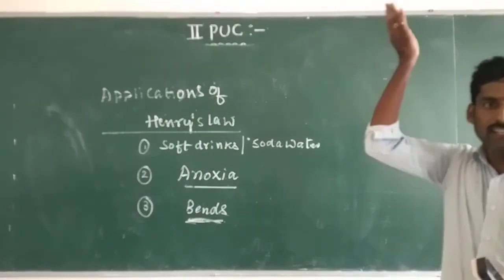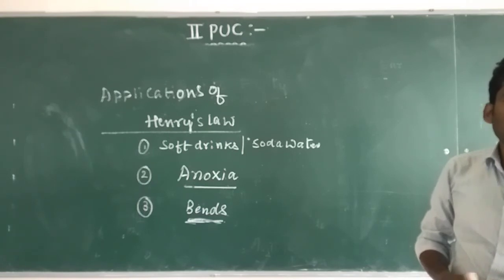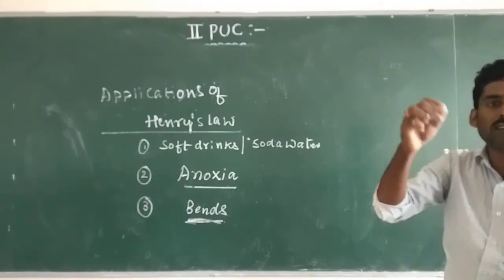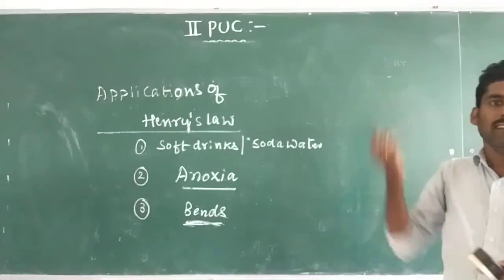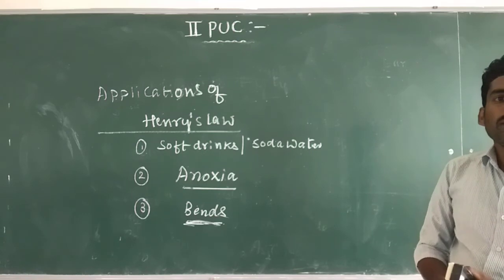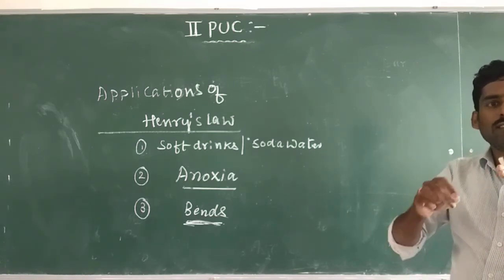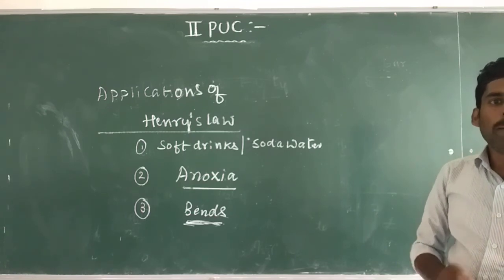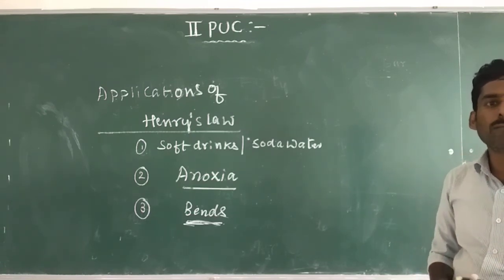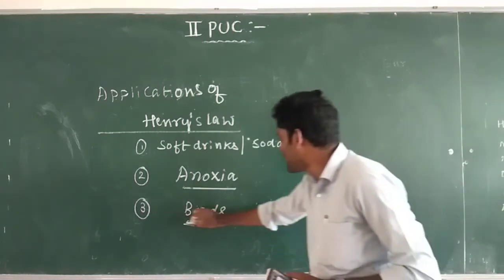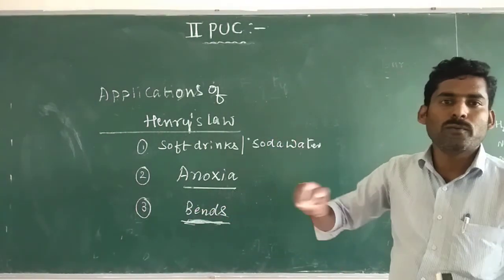When they suddenly come to the surface of sea water, pressure decreases, so the dissolved nitrogen and oxygen immediately try to come up. As a result, bends are formed on the surface of the skin. Such a condition is called bends, and it is very painful.